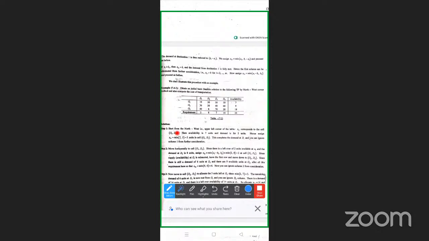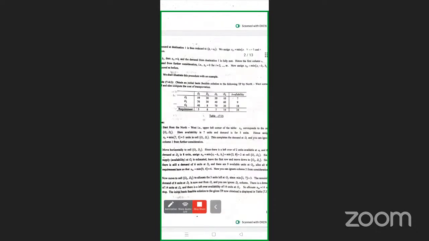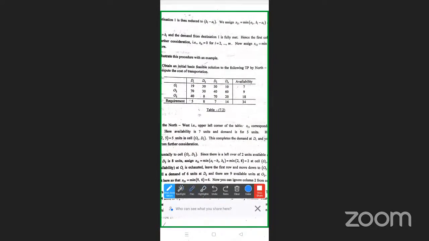Step 1 starts from the northwest, the top of the table. Here 19 is the northwest corner, the upper left corner of the table, corresponding to x11.